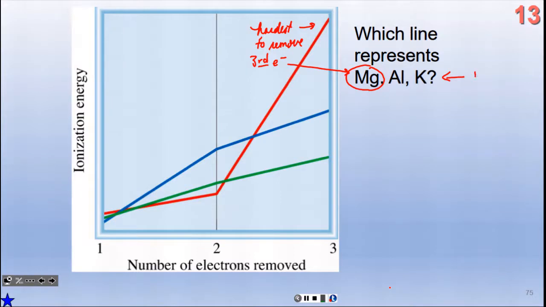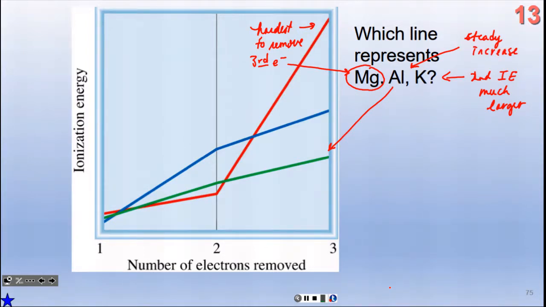The second ionization energy should be a much bigger change than for aluminum. And so there should be a steady, similar progression, a steady increase in ionization energy for aluminum, and a bigger jump for potassium.